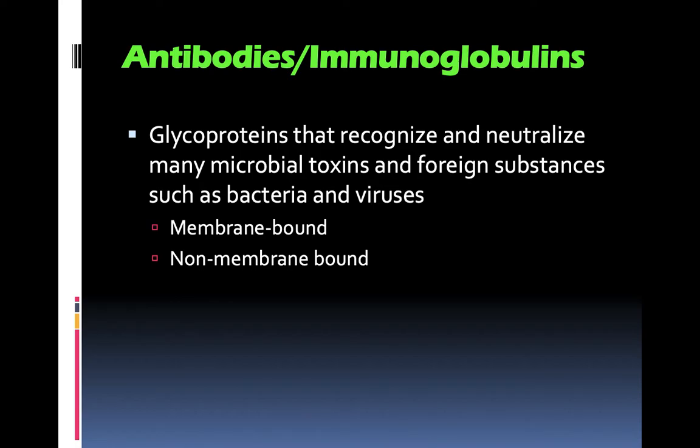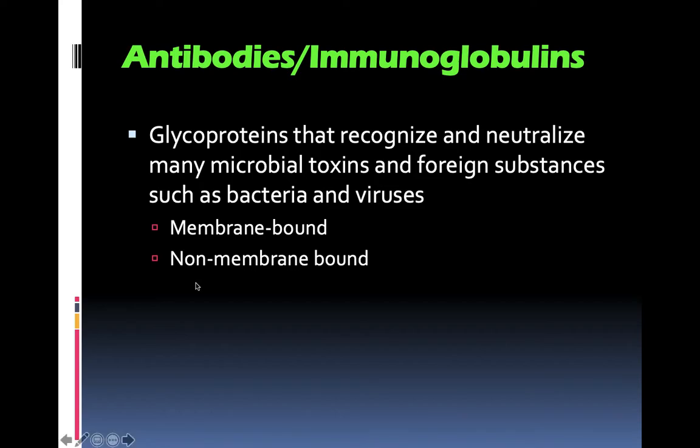So antibodies, in terms of function, recognize and neutralize microbial toxins and foreign materials. So both pathogenic cells and their byproducts that are considered as antigens, as foreign to the animal body, can be recognized by immunoglobulins. One type of antibodies are membrane-bound antibodies. They act as receptors for antigens on the surface of our immune cells, the B lymphocytes.